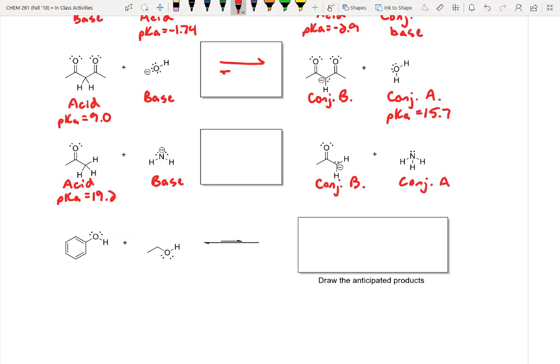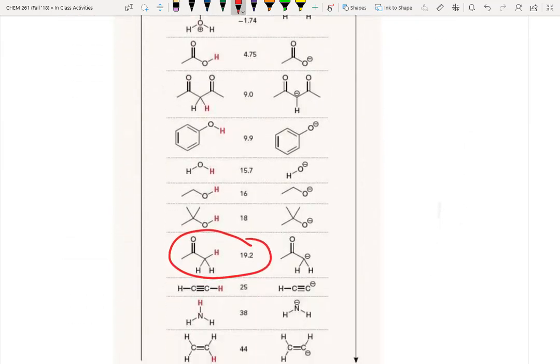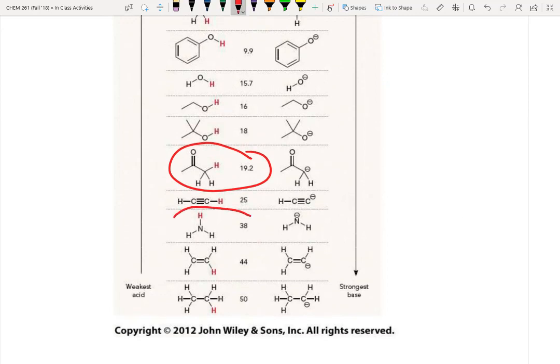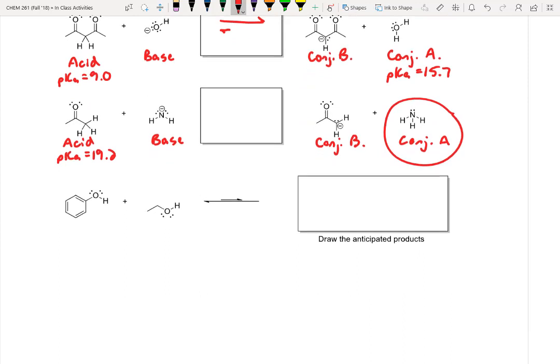So let's look up the conjugate acid pKa for ammonia. And if we look at ammonia, it's got a pKa of about 38. So let's plug that in. All right, so it looks like our acid on the left-hand side is much stronger than the conjugate acid. So it's going to push the equilibrium to the opposite side, and the equilibrium is going to favor the compounds on the right over the compounds on the left.